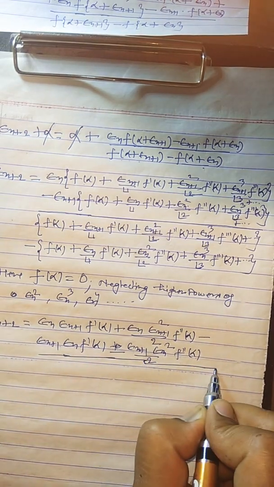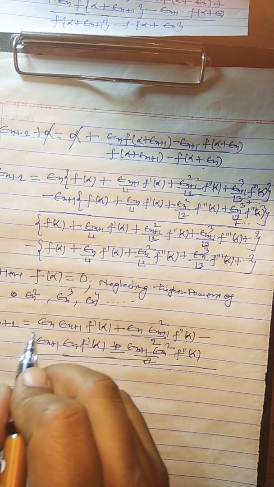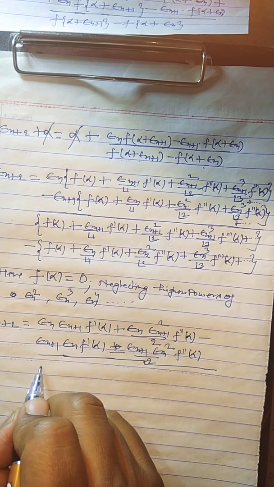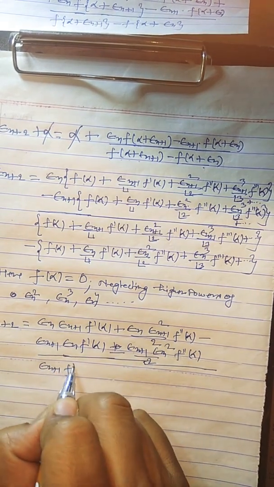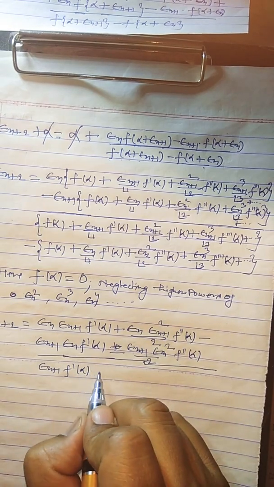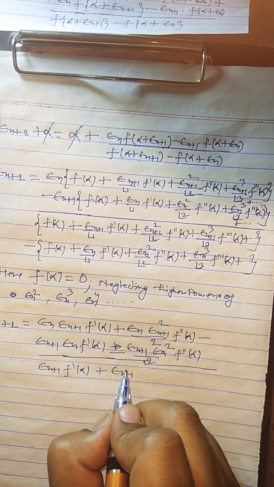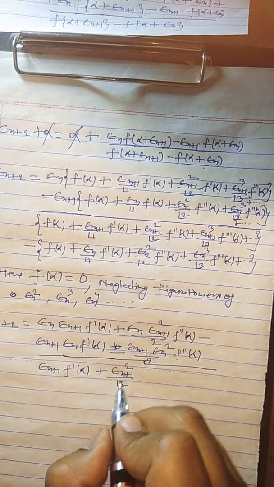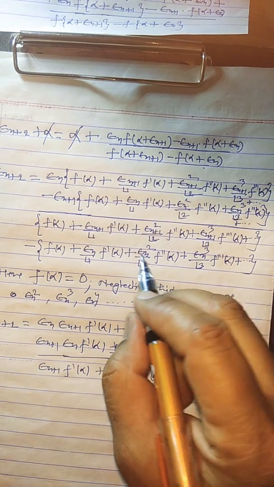Now what we get in the denominator? In the denominator we get here f alpha will be 0. Here we have epsilon n plus 1 f dash alpha plus epsilon n plus 1 whole square upon factorial 2 f double dash alpha.